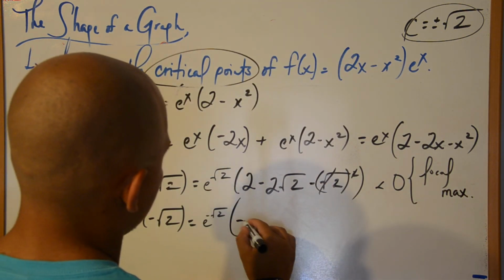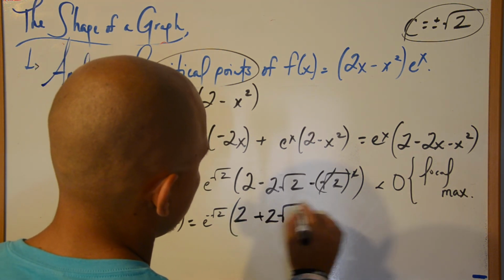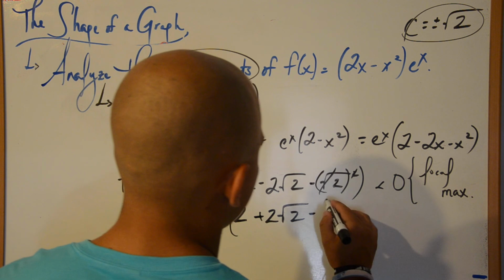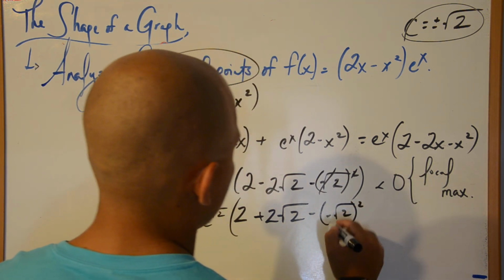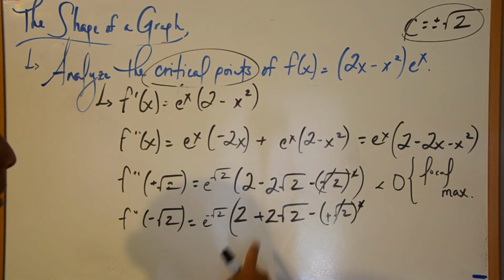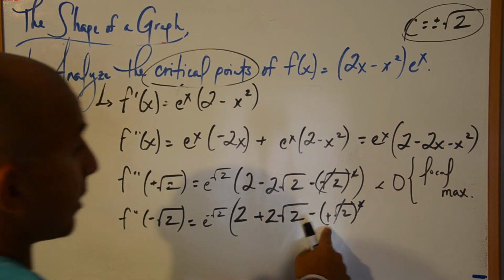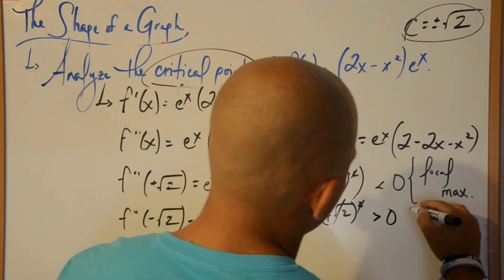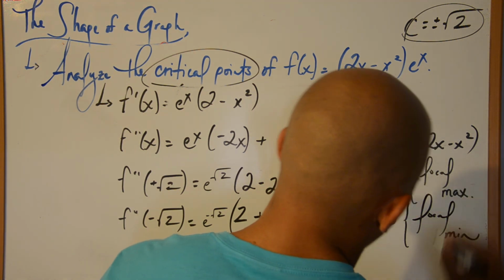And here, 2 plus 2 root 2 minus negative root 2 squared. That'll turn positive, cancel, cancel. But we have a positive compared to the negative here. So this will be greater than 0, indicating a local min.